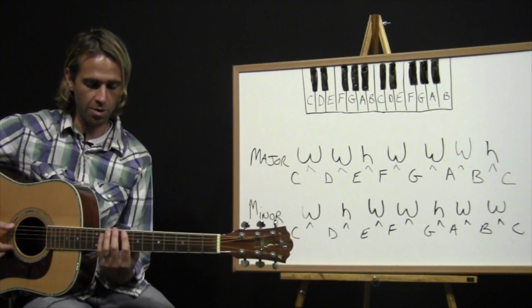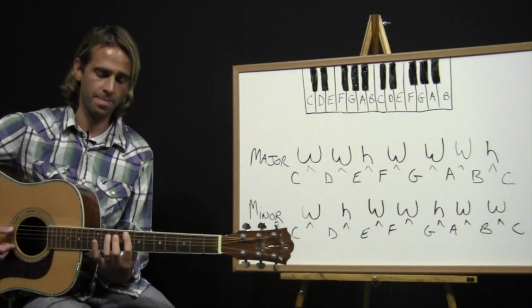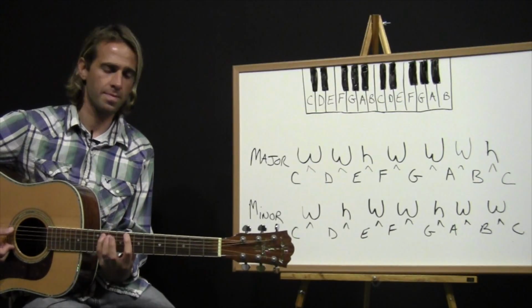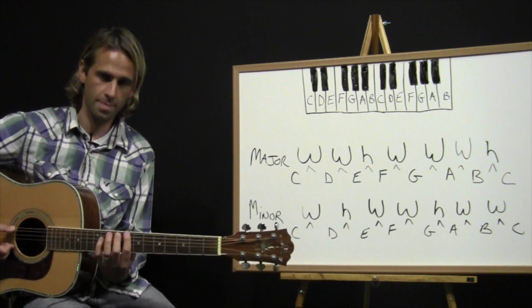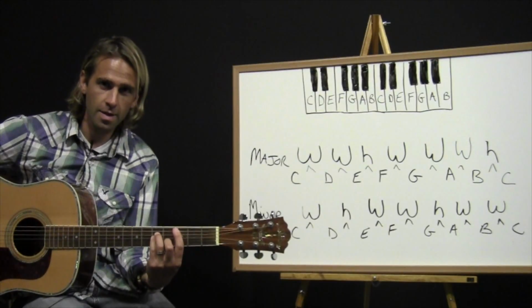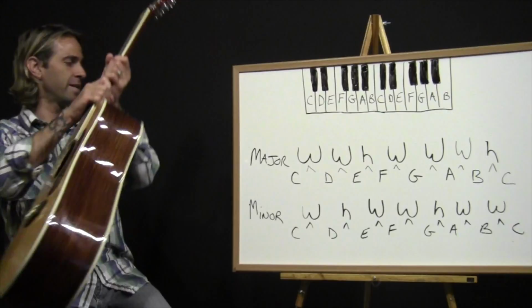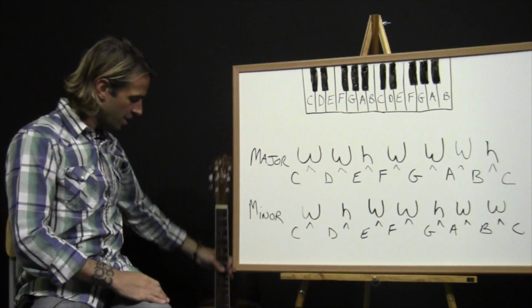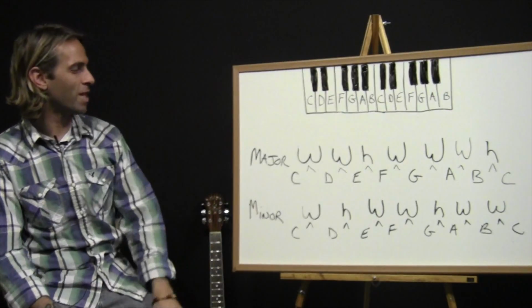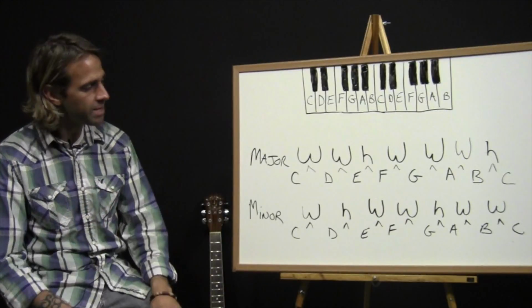The minor sound, you hear more of a somber sound to it, which is okay. I like writing songs in minor keys. So let's talk about the formula that we use for this.